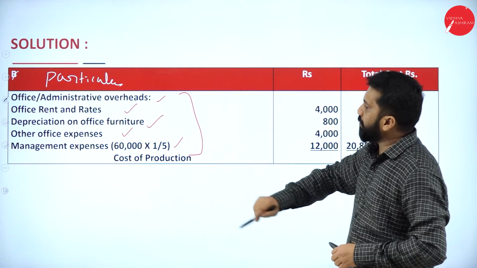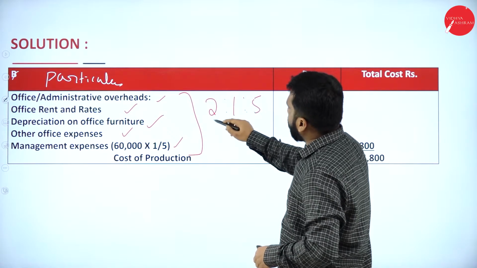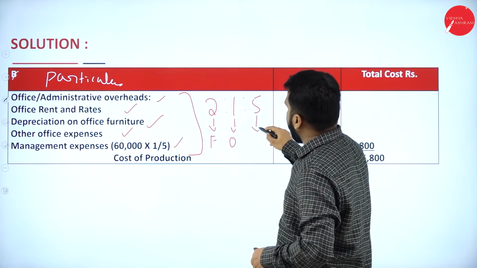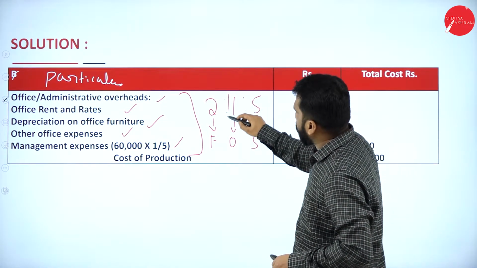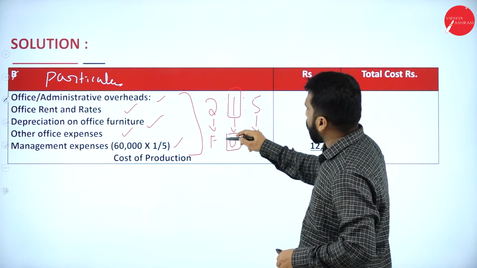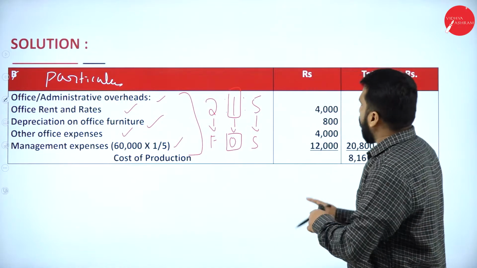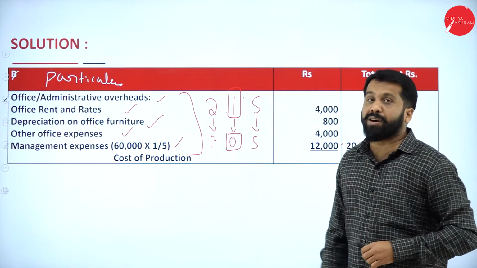How come it is 1 by 5? Because the ratio is 2 is to 1 is to 5. First one is factory, second one office, and the third one selling and distribution. We are doing office. Office is how much? It is 1. 1 divided by 5. Now, up to this we completed, you got an answer of around 12,000.